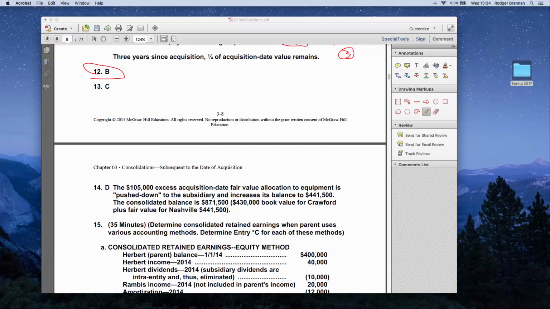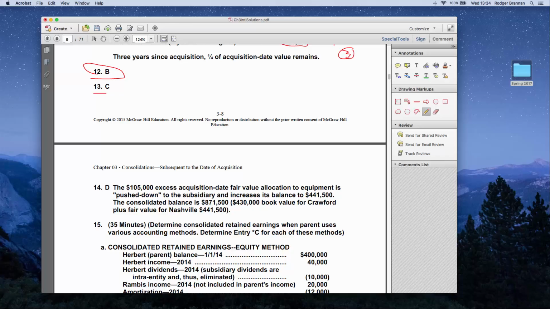All right, push-down accounting is only done by the subsidiary. And push-down accounting is, again, an example of substance over form. The idea behind push-down accounting is that the subsidiary should recognize its assets at the same value as does the parent.